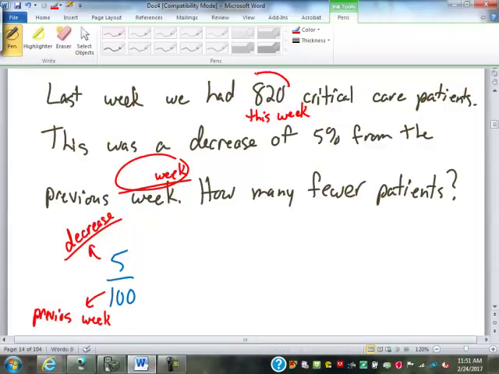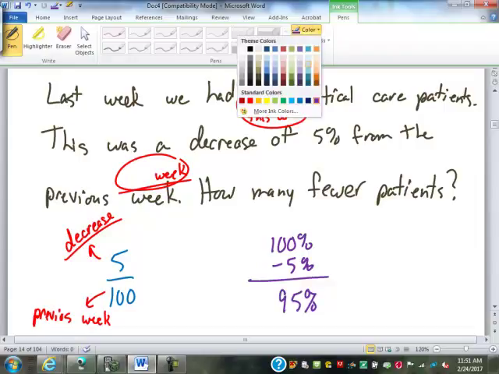Well, the 820, that's this week. That's what we have right now after the decrease. So the 100% does not represent the 820. So what we have to do is this. If we started out with 100% and we had a 5% decrease, that means what we have right now is 95% of the patients that we had during that first week.